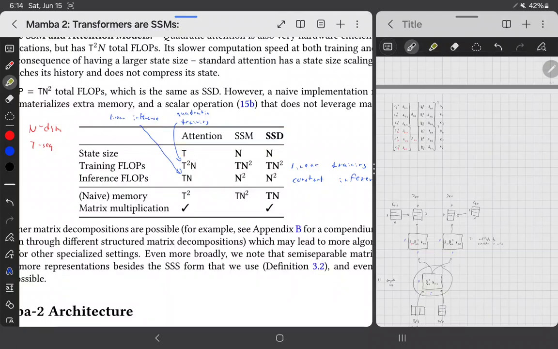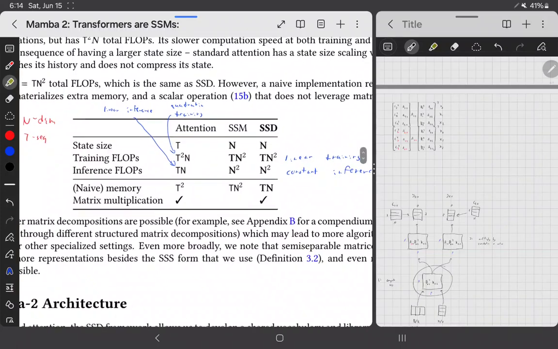For an SSM, we have a state size of n, and that's just the hidden state size. For training, it's linear in terms of time. It's quadratic in terms of the hidden state. For inference, it's constant in terms of flops because it's an RNN. All you have to do is store the hidden state, while in attention, you have to store all the past keys and values, if you use KV cache. If you use the quadratic method, then it's quadratic.